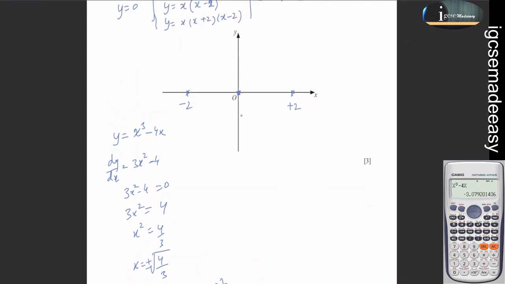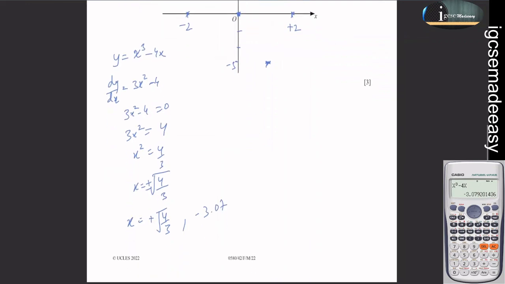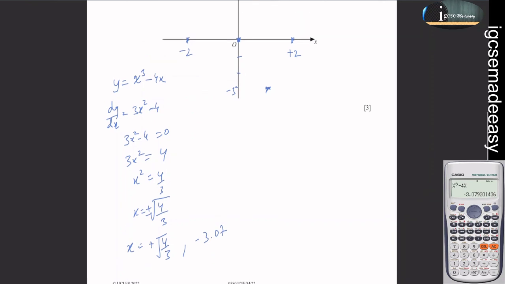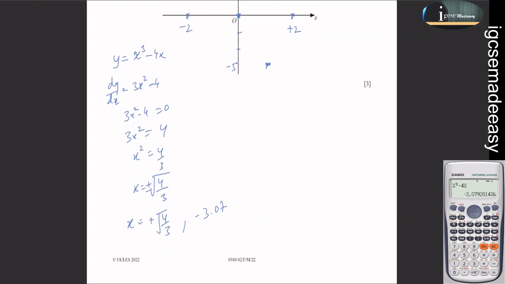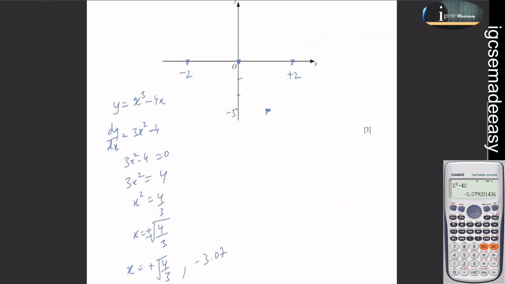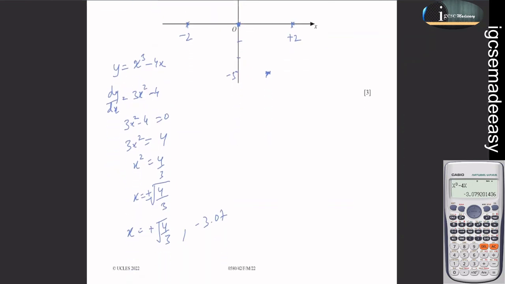Somewhere here. This is 1 2 3, so minus 3.07. So the minimum turning point will be this one. What is 4 by 3 actually? We'll find that out also.